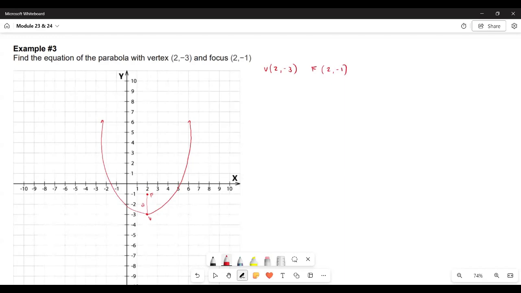So sa akin personally, ang ginagamit ko directrix focus form kasi mas madaling mag-substitute doon agad tapos convert na lang natin siya sa standard form. Okay. So meron tayong A dito and yung A natin, makukuha natin yung distance niyan. Subtracting y values or x values depende sa orientation ng ating parabola. Well, in this case, gagamitin natin is yung y values since patayo yung ating parabola.